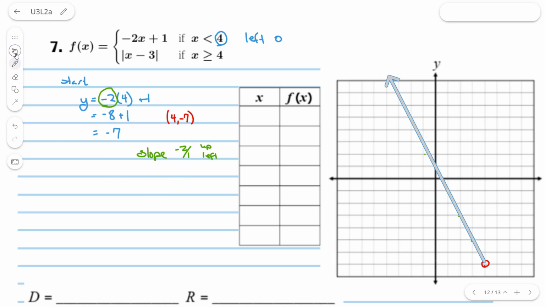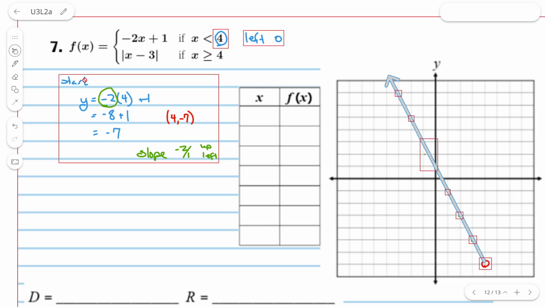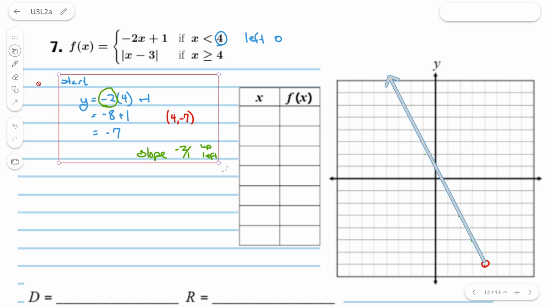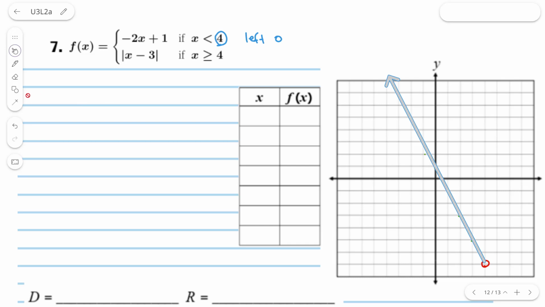So now let's go ahead and graph my absolute value. So when I'm graphing the absolute value, again, I'm starting off with that 4. So I know that's going to be my first number I can have in my chart. I know that I need to go right from there, and that it has a closed dot.